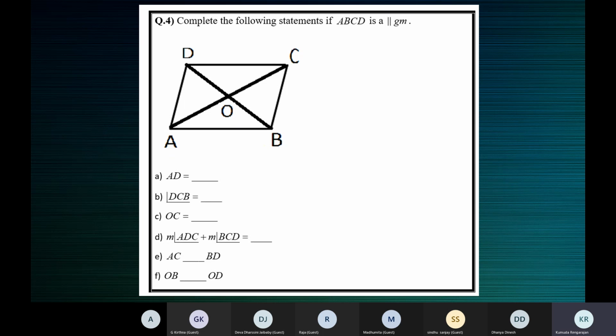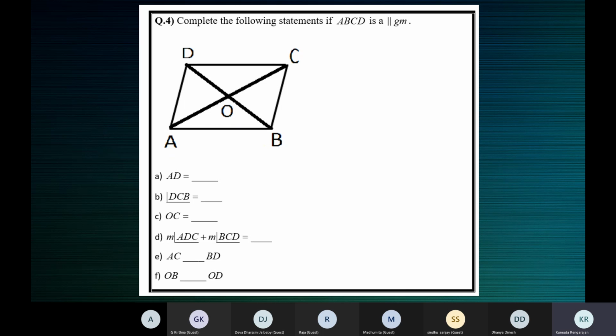If you look at the angles, ADC is nothing but angle D fully. BCD is angle C completely. C and D are adjacent angles of the parallelogram ABCD.